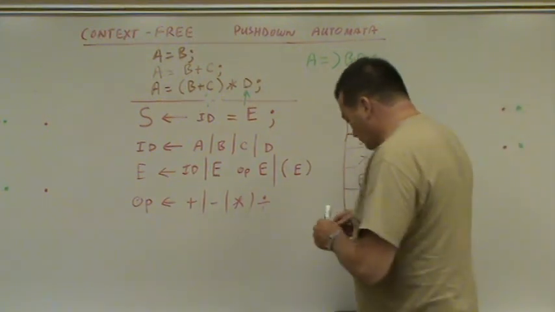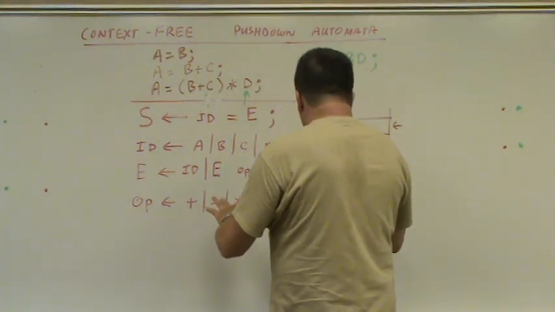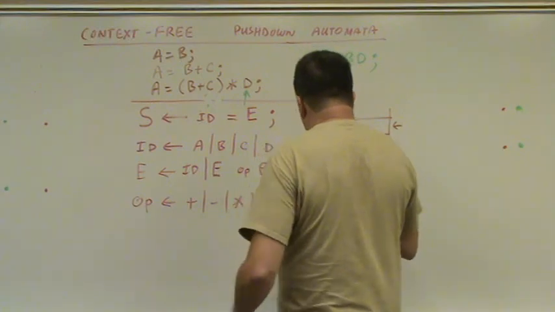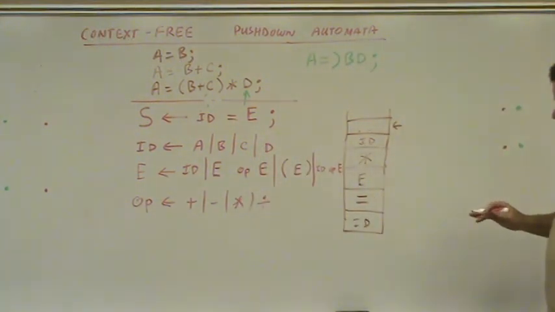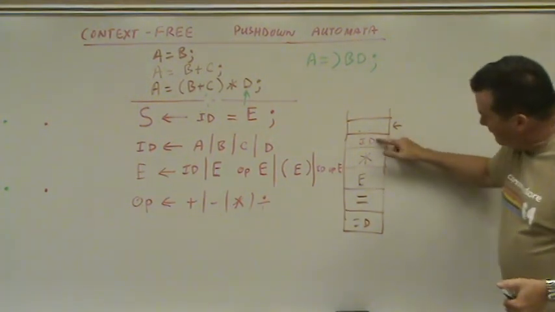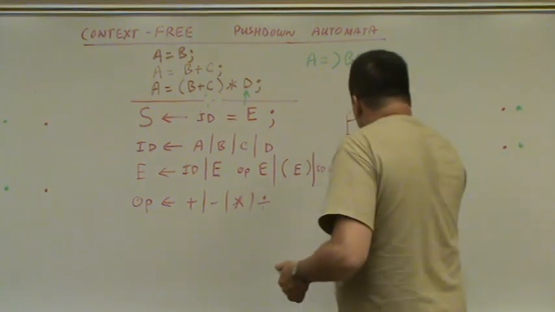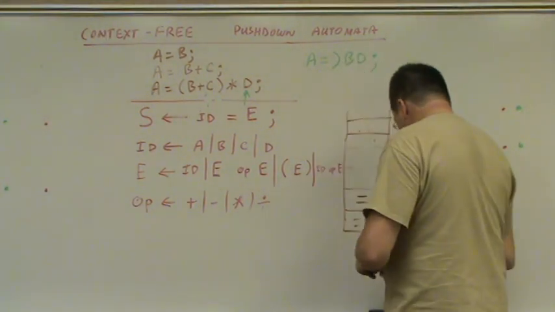I would have to add a rule that says identifiers operating on an expression is also considered an expression. Yeah, okay, so I would need that rule too. So now an identifier, a multiply sign, and an expression, this can collapse into an expression.